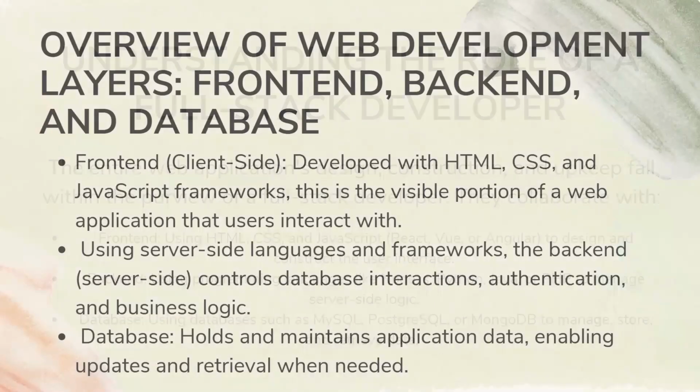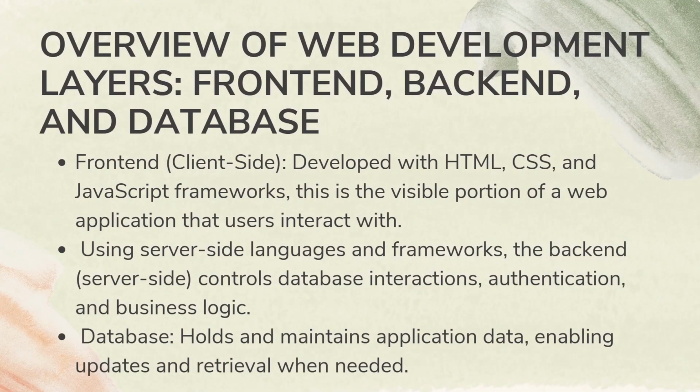Okay, now an overview of web development layers, which are the front end, back end, and the database. The front end, which is the client side, is developed with HTML, CSS, and JavaScript frameworks, and is the visible portion of a web application that users interact with.